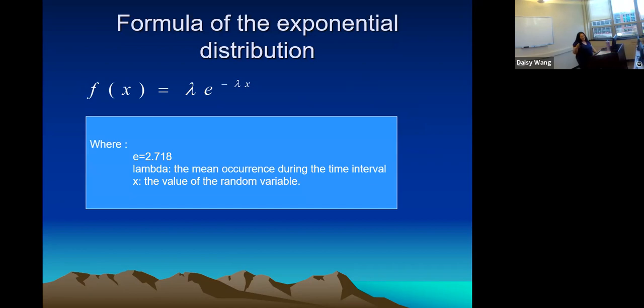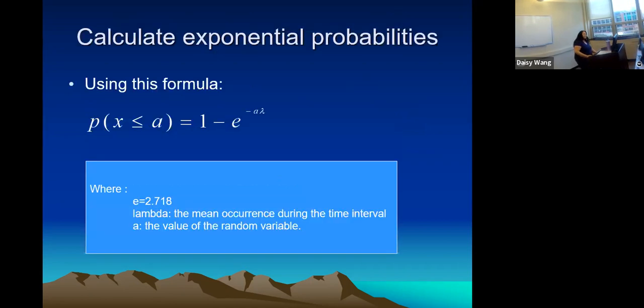So the formula is like this: lambda times e, the constant 2.718, to the power of negative lambda times x. It looks very similar to the Poisson, but like I said, opposite.